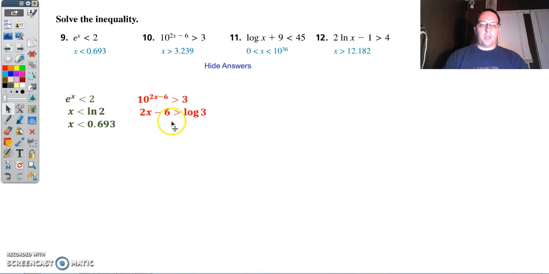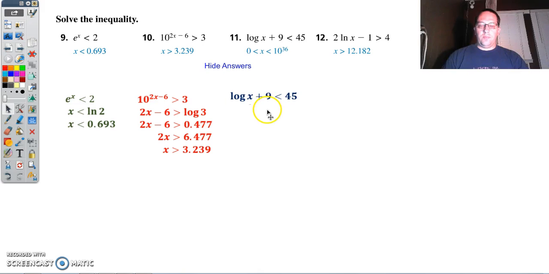You need to get x by itself, and I'm going to go ahead and solve this, put that in a calculator. It's approximately 0.477. Add 6 to both sides, divide by 2, and there it is, x greater than 3.239. Right there.